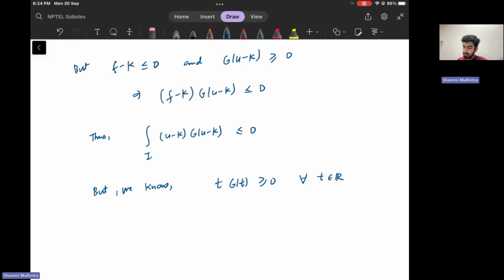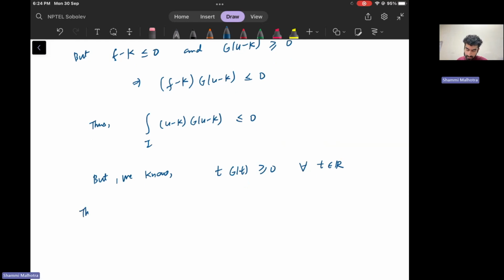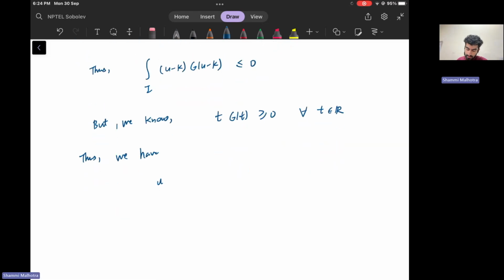So the product is always non-negative. That's what we basically have: u minus k times g of u minus k has to be equal to 0 almost everywhere.